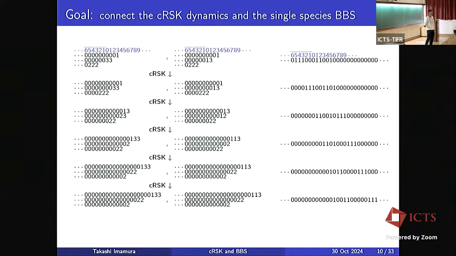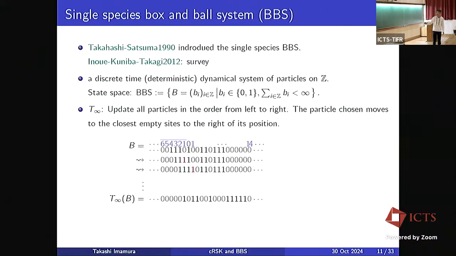I think all of you know the single species case. In my talk, we consider the single species case. All of you already know the rules of the box and ball system, because Professor Tsujimoto introduced this in the lecture last week. But we briefly recall the notions and some properties of this single species box and ball system.